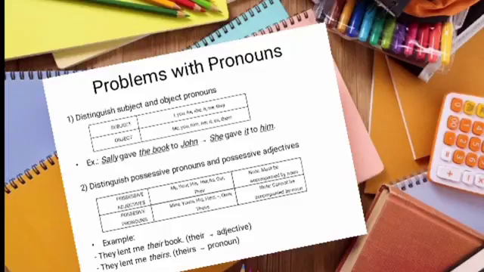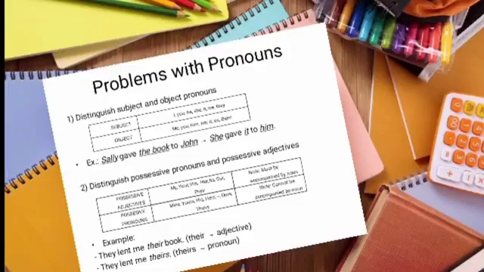As we see in the second sentence, the subject pronoun she is replacing the noun Sally. The object of the verb, it, is replacing the noun book, and the object of the preposition, him, is replacing the noun John. Alright, that's all about the first point.